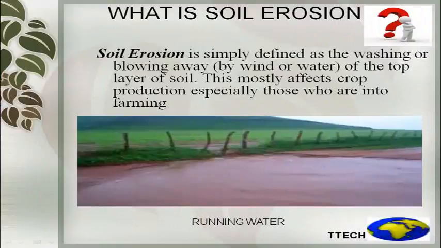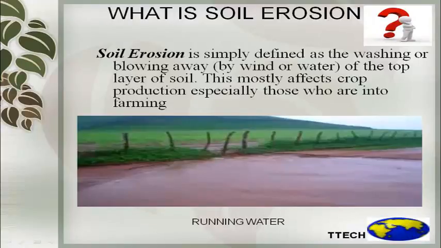Now, what is soil erosion? When you hear this, what comes to mind? Soil erosion is simply defined as the washing or blowing away by wind or water of the top layer of soil. This mostly affects crop production, especially those who are into farming.